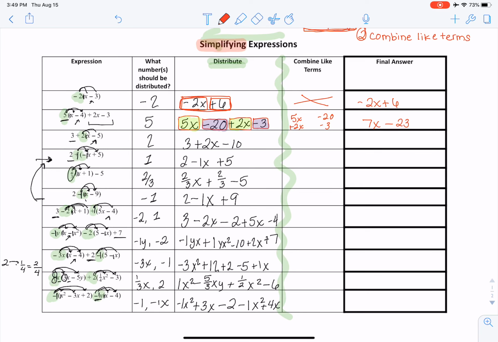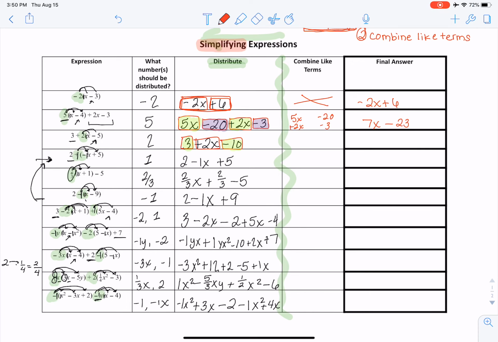The next question has 3 terms. I have a term that's 3, a plus 2x, and a minus 10. All right? So when I take these together, I can put 2 of them together, but the other one just kind of stays. So when I group them, I can group the 3 and the minus 10, but the 2x has nothing to group with because it has an x and nothing else does.